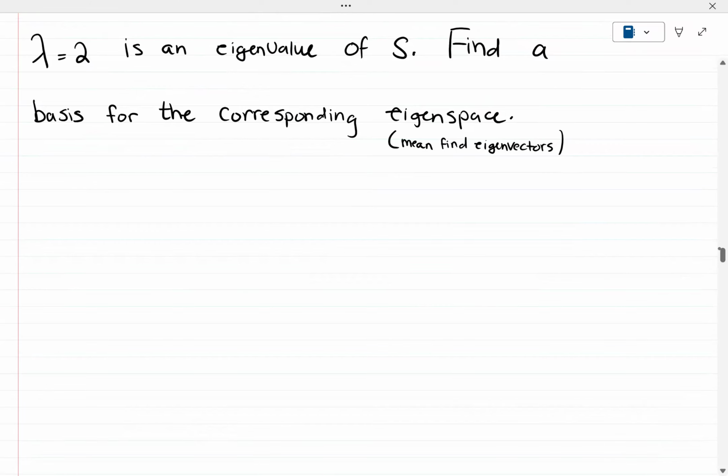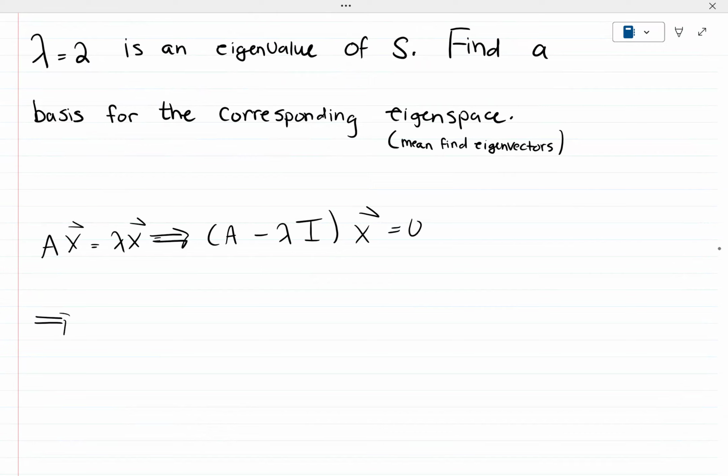It's going to be A times vector x is equal to lambda times vector x is equal to A minus lambda times the identity matrix times vector x is equal to 0. So if you simplify that, when you solve for vector x, it's going to be A minus lambda times the identity matrix augmented with 0.